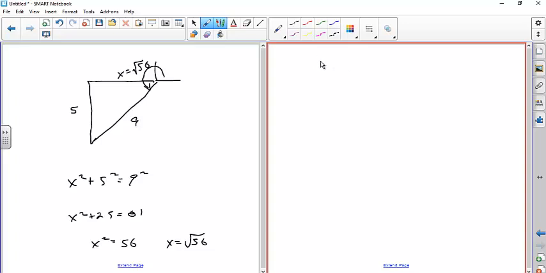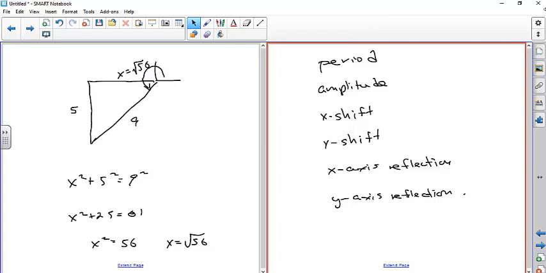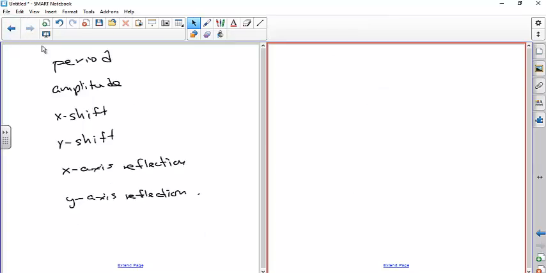We have period, we have amplitude, we have x shift, we have y shift, we have x-axis reflection, and we have y-axis reflection. So those are the 6 possibilities. And I'm not going to do more than 3. But I think you should be prepared for any of them.